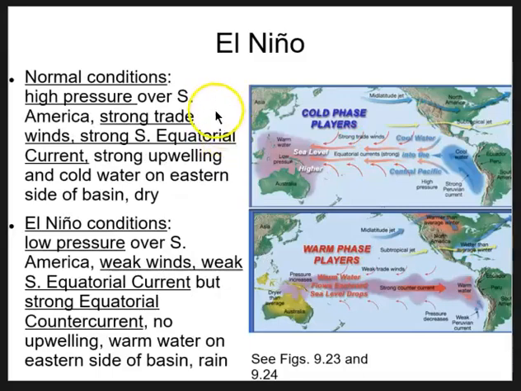Okay, so an El Nino occurs because the pressure over South America actually reverses. In normal conditions, you have high pressure over South America, which results in strong trade winds and a strong south equatorial current.